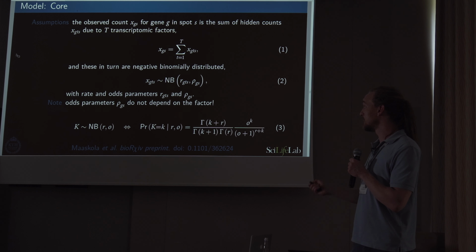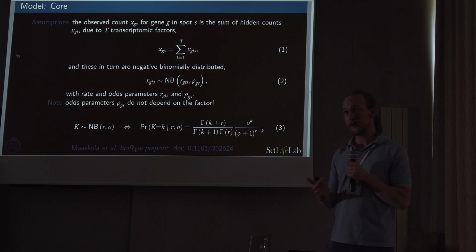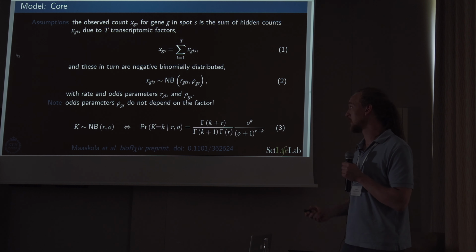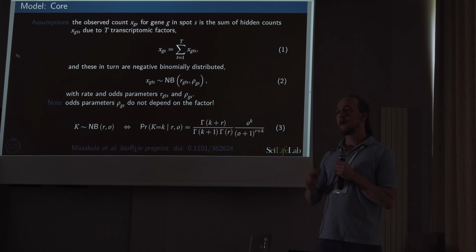But crucially, I want to remark that the second parameter, which is essentially determining the variance to mean ratio, that is to say the over-dispersion of the negative binomial, is not allowed to depend on the type. In other words, regardless of what the different cell types figure in terms of mean expression for a gene, the variability around that mean is in this model not dependent on the cell type.